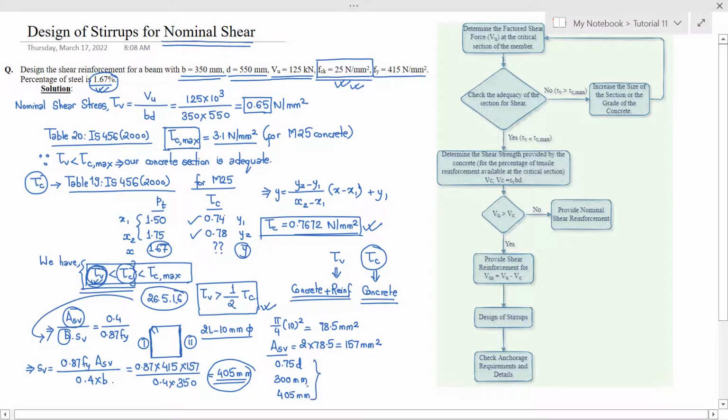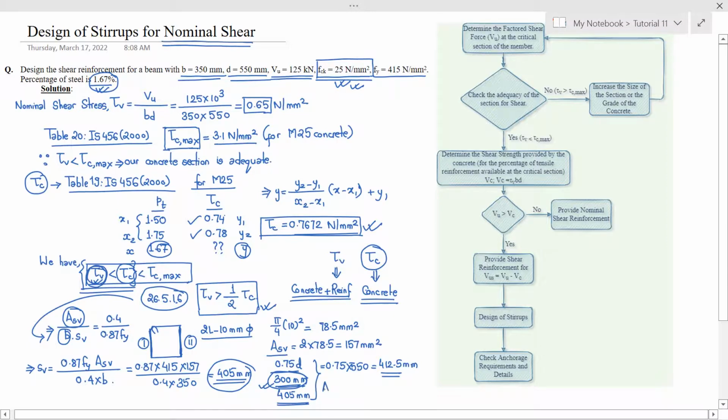So from these three factors, let us first calculate 0.75 D. It will be 0.75 into 550, and this comes out to be almost equal to 412.5 mm. Other two values we have are 300 mm and 405 mm. So among these three values, we have to look at the least value, that is 300 mm. So our spacing of the stirrup should not be greater than 300 mm.